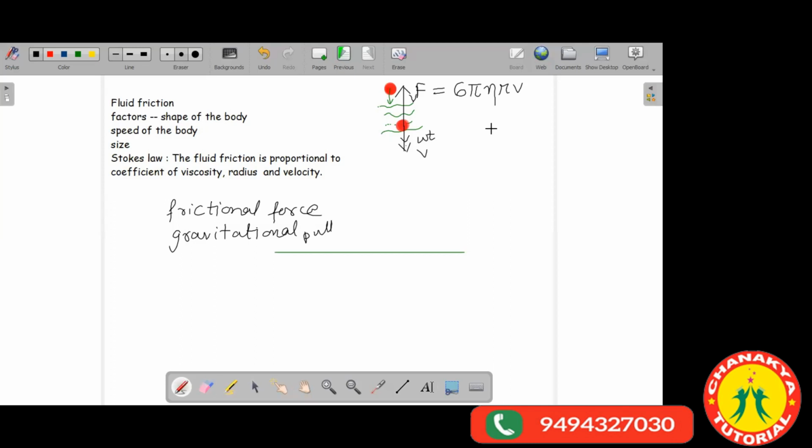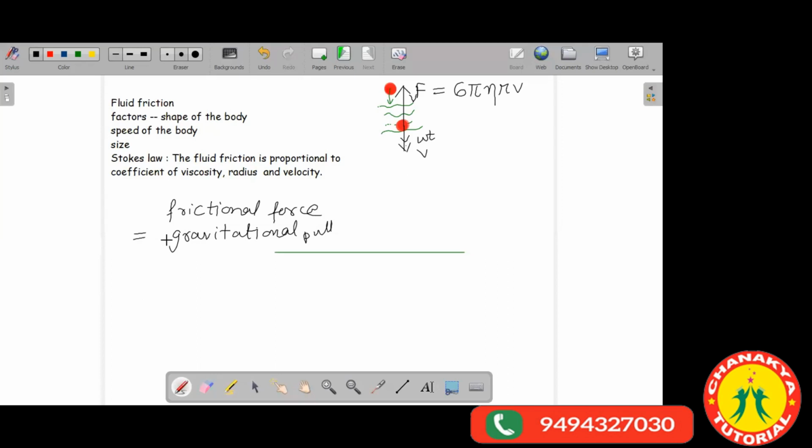If the speed increases, a point will come that these two forces will be equal to each other, and hence the ball will experience no net force. So what do you think happens when no net force acts, at the point when the frictional force and gravitational force are equal to each other?